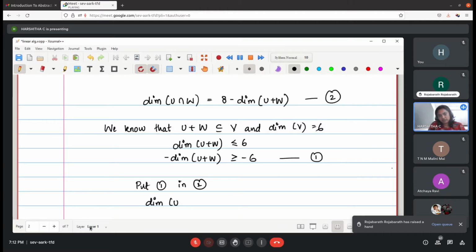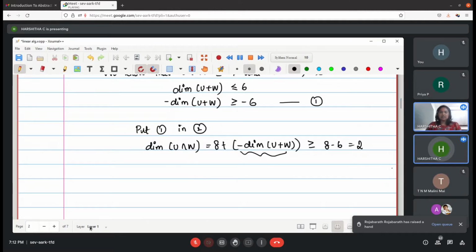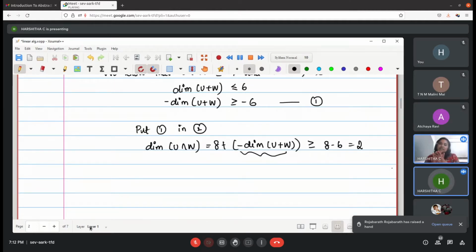Dimension of U intersection W is equal to 8 minus dimension of U plus W. This is greater than or equal to, we substitute minus 6. So 8 minus 6, which is equal to 2. Right? So these two subspaces have to intersect in at least a two-dimensional subspace.